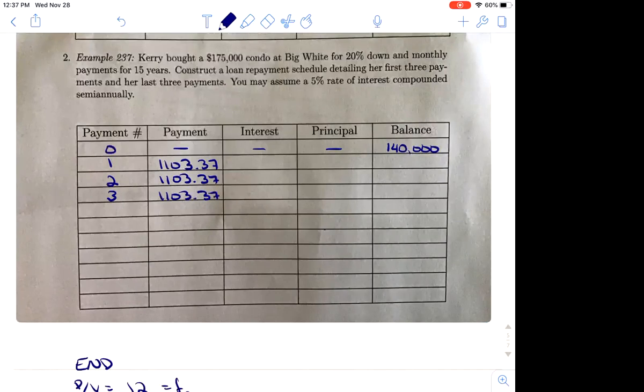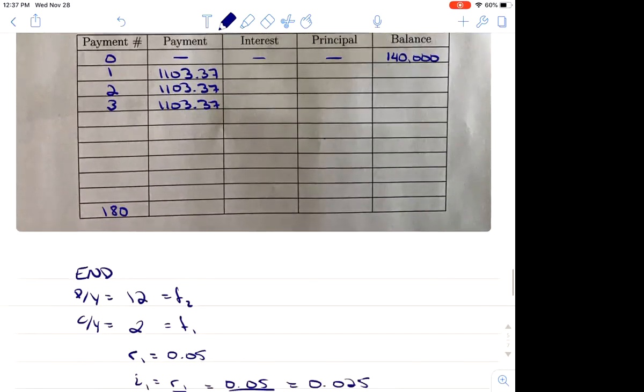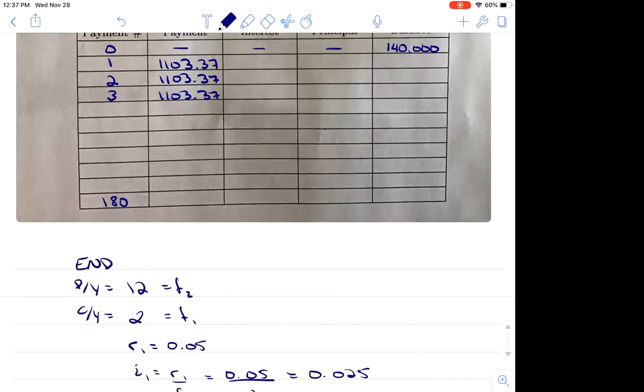So we know that there's 180 payments in total, right? I think that's what we said. So starting from the bottom, we have 180, 179, 178.